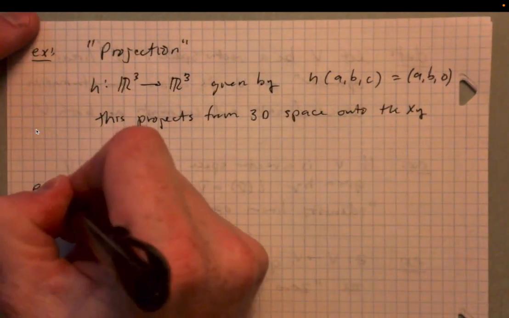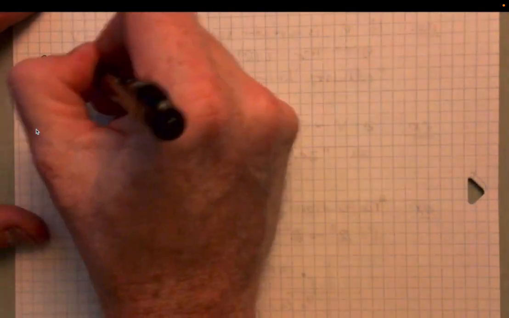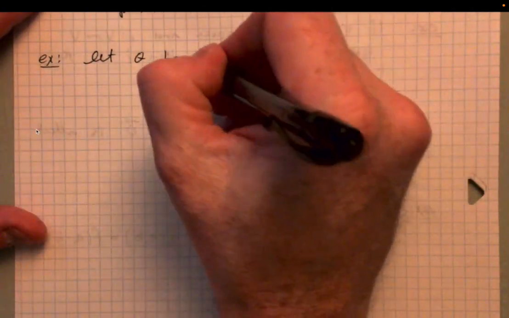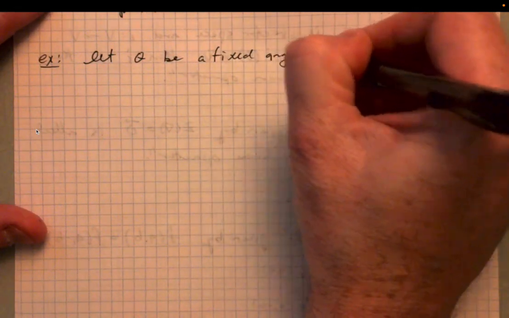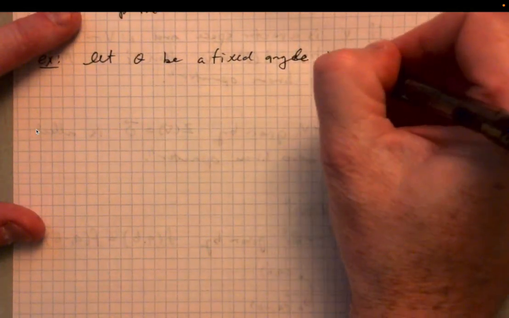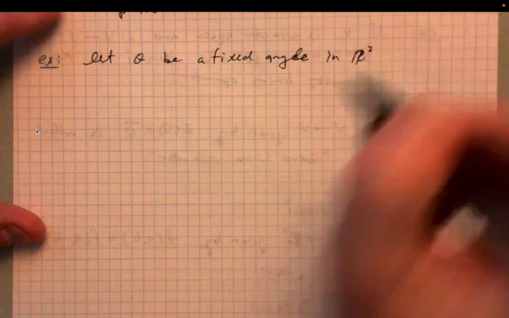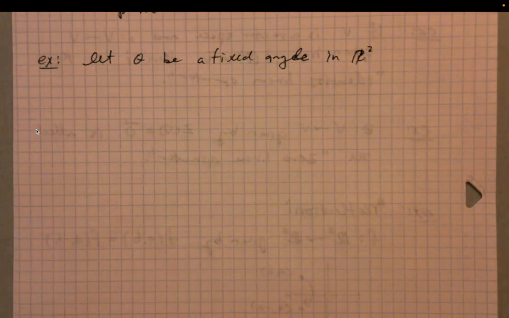And one more example. This is a little more involved. Let's talk about rotations, basically. We're going to let theta be a fixed angle, and we're going to say it's in R2, right? So think about rotation on the plane.